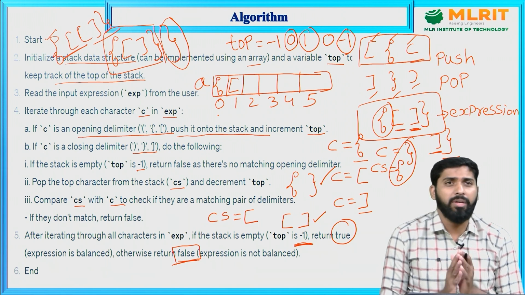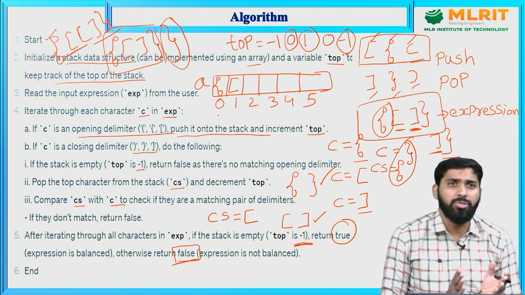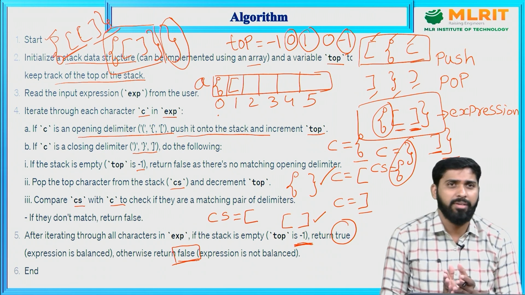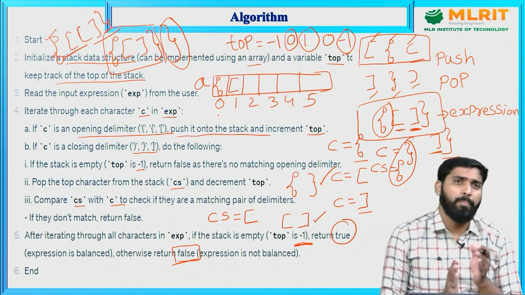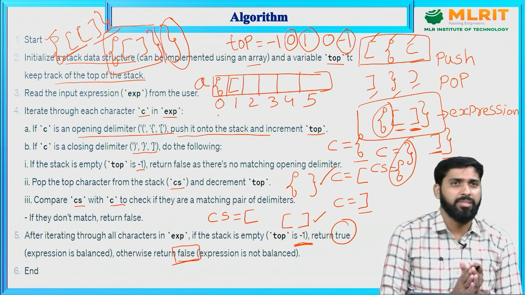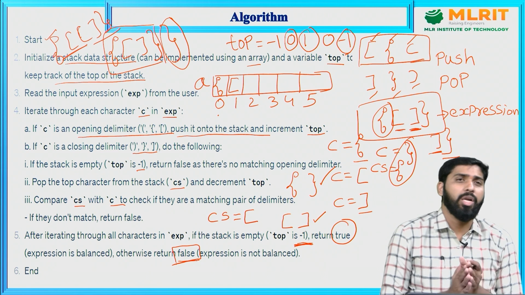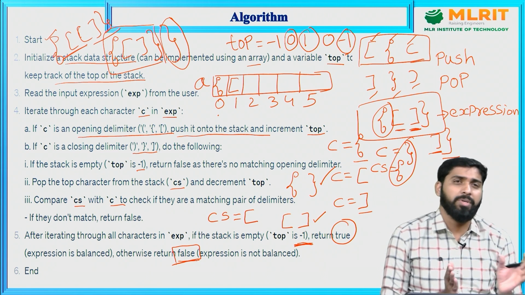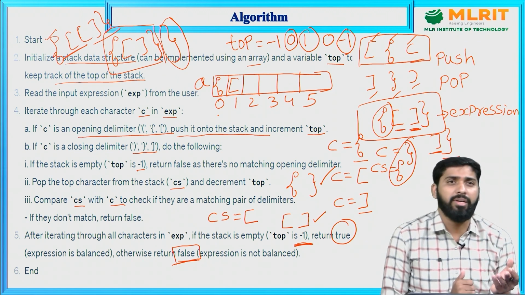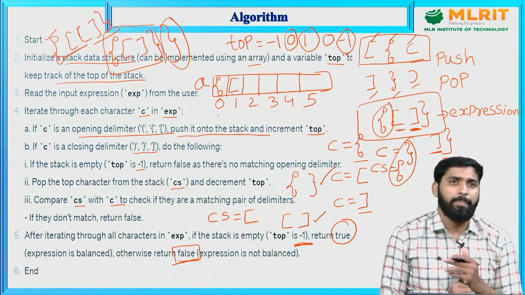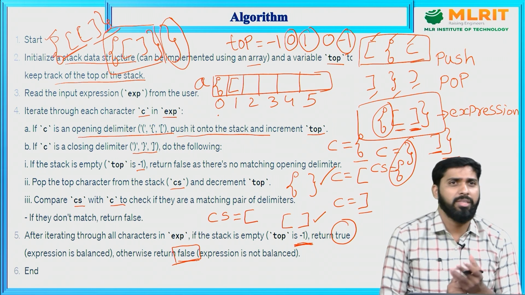When an opening delimiter is encountered, push the delimiter into the stack. If a closing delimiter is encountered, then pop and compare. We repeat the loop until the expression is over, and finally we check if the top value equals -1, then we return true, which specifies the expression is balanced.